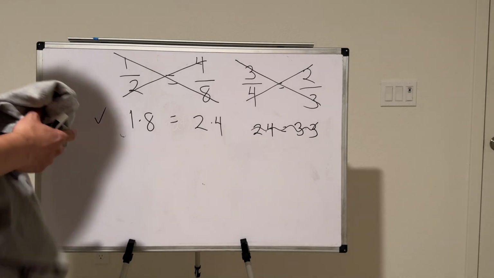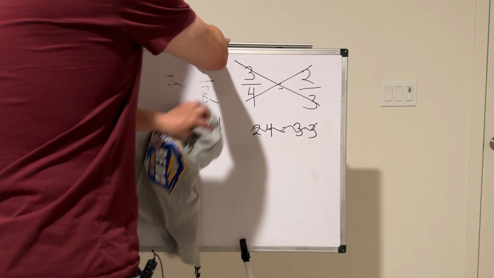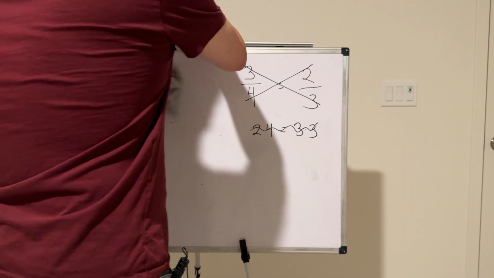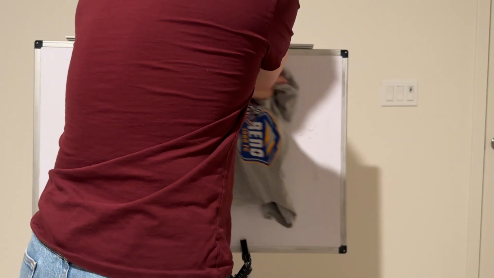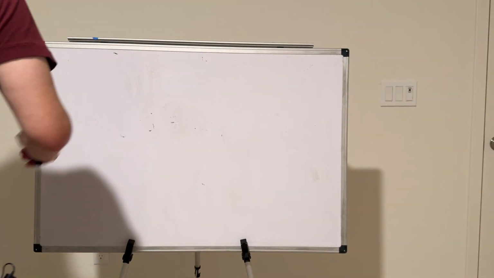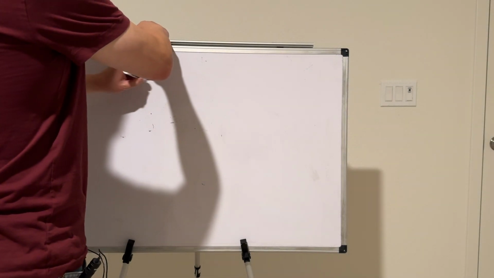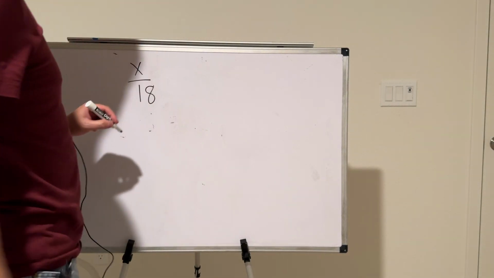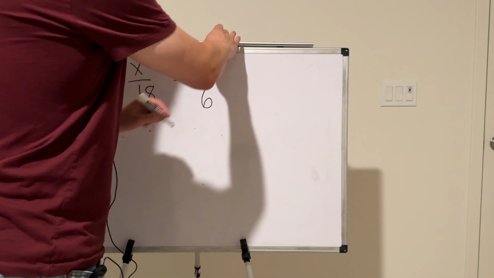Now what I'd like to do is go through a series of examples and show you a few ways to solve proportions if you have an unknown. So let's start off with x over 18 equals 5/6.